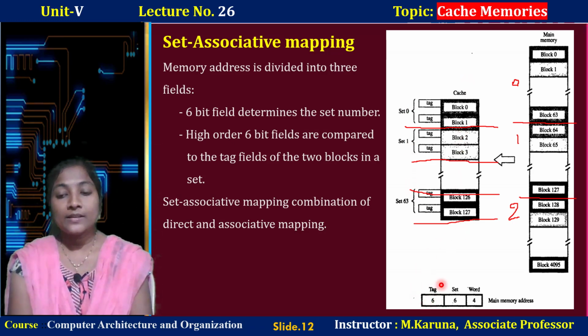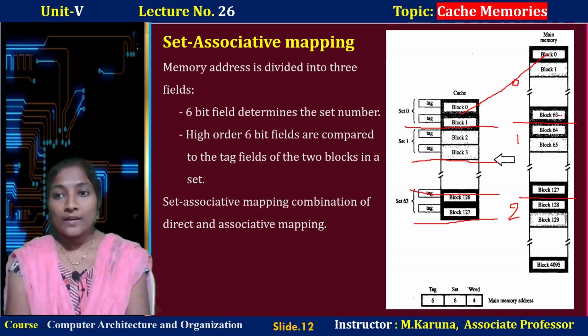And the tag field. In this case, block 0 of main memory should occupy set 0 of the cache memory. And block 64 should occupy set 0 of the cache memory.